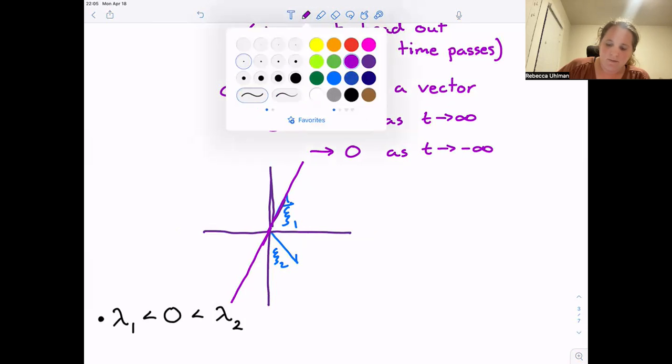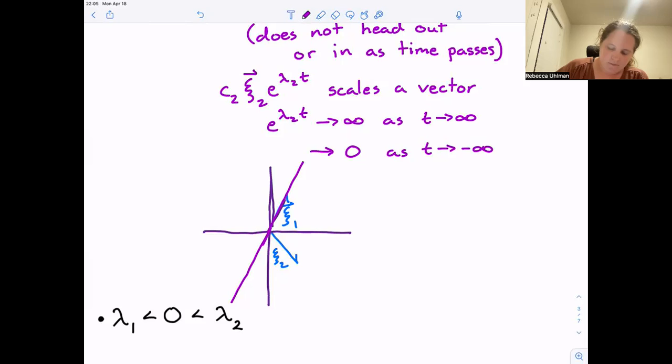Along psi2, going from the origin and then just following straight along the scaling of psi2, we will head outwards as time passes.